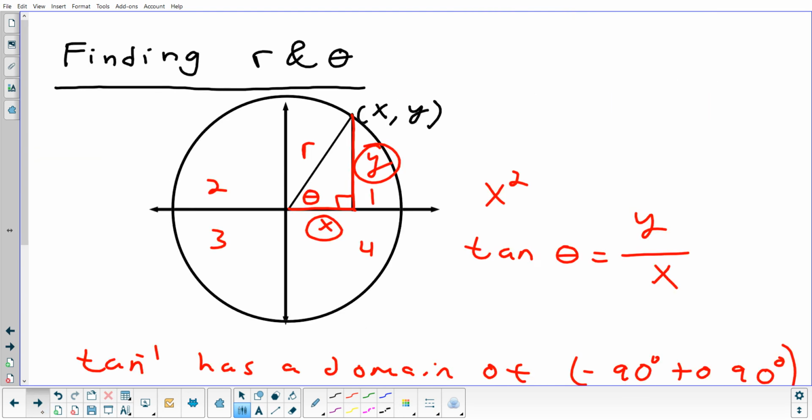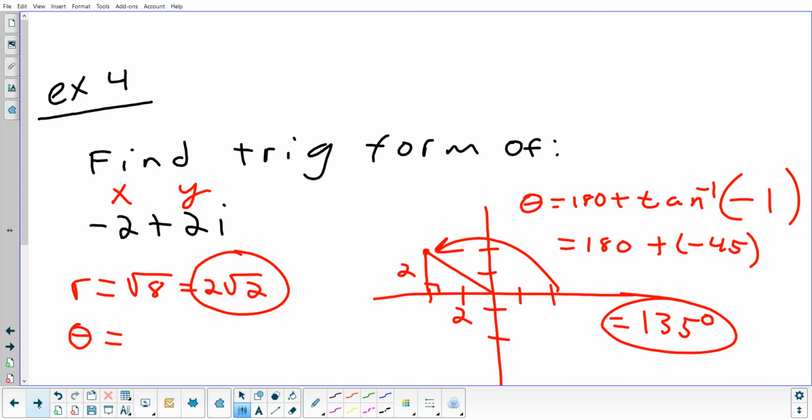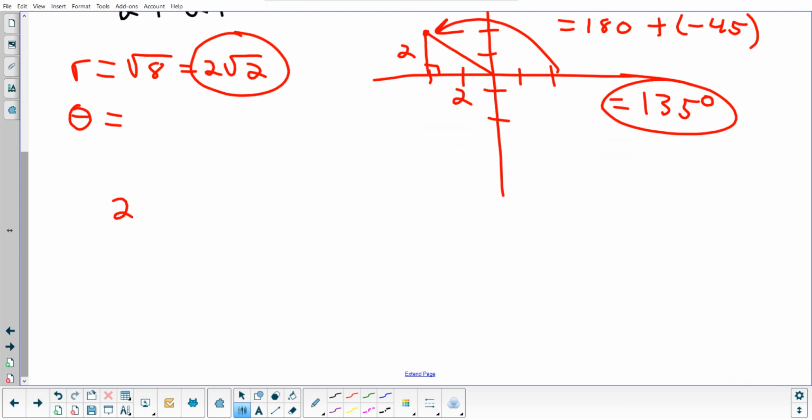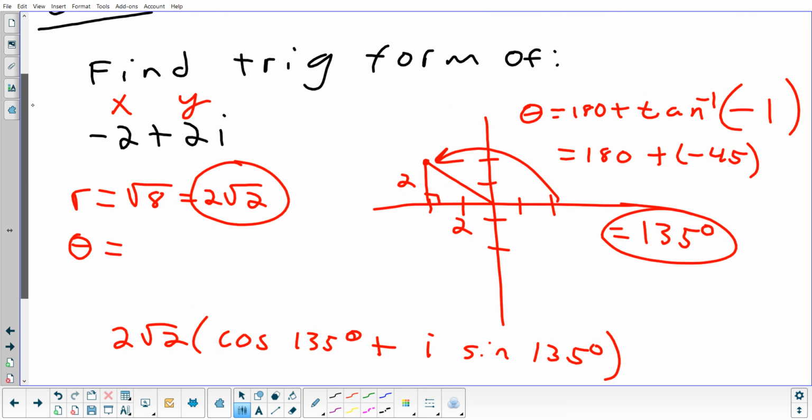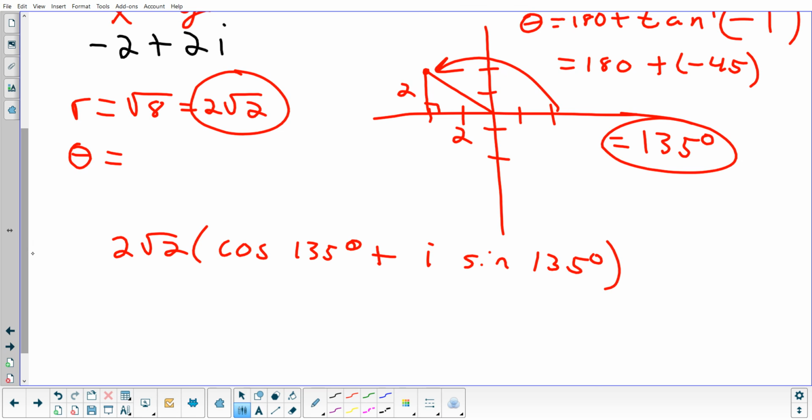And that's the final answer. r cosine theta plus i sine theta. Now, if you distribute that 2 root 2 out, then you would get back exactly what we started with. So don't do this out unless you want to check your answer.